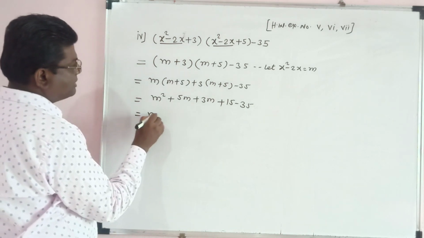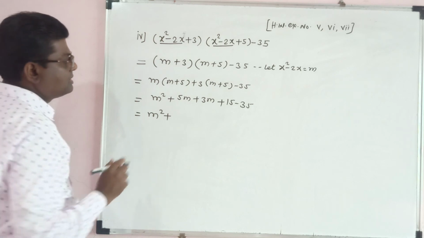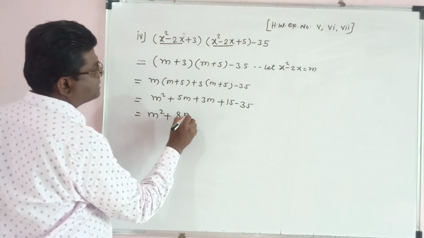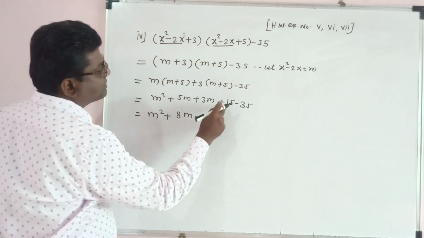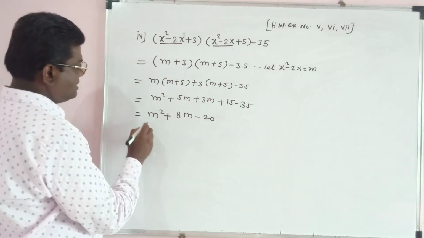That is m square plus 5m plus 3m, that will be 8m, and 15 minus 35 will be minus 20.